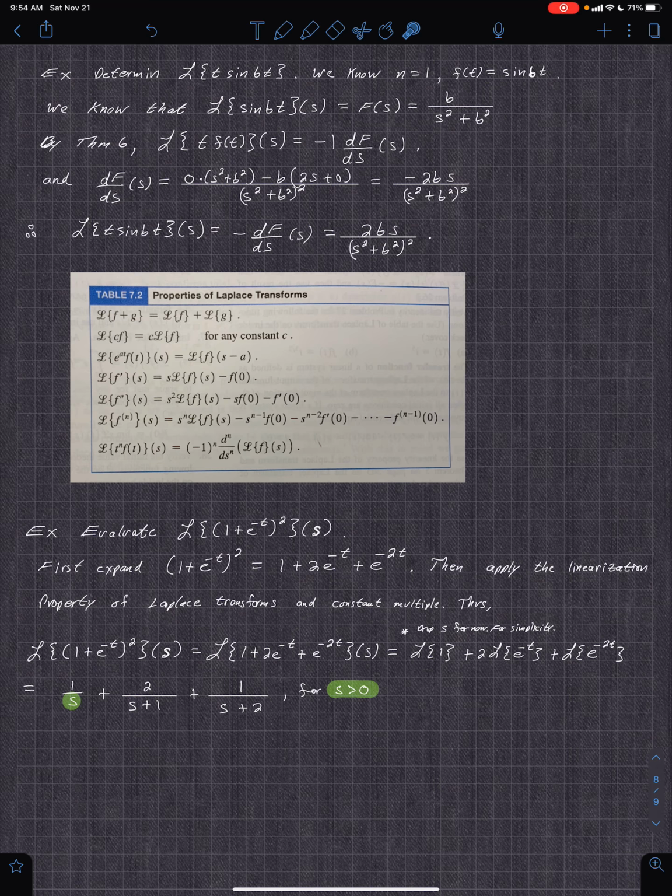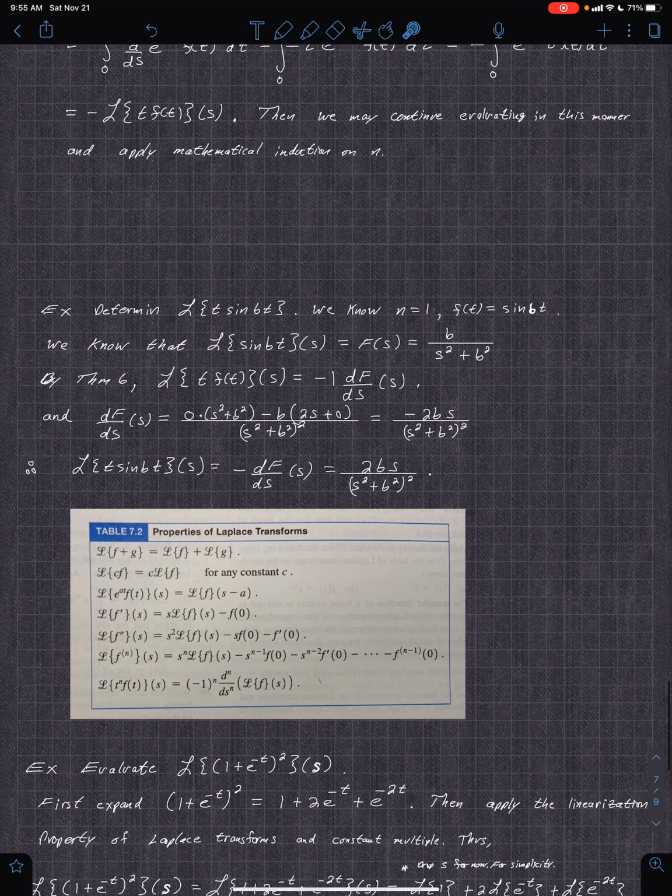Doing the derivative of the top times the bottom minus the top times the derivative of the bottom, all over the bottom squared. So you get this. And that's basically it. So therefore you get this Laplace transform. Applying the formula, you get 2bs over (s squared plus b squared) squared.